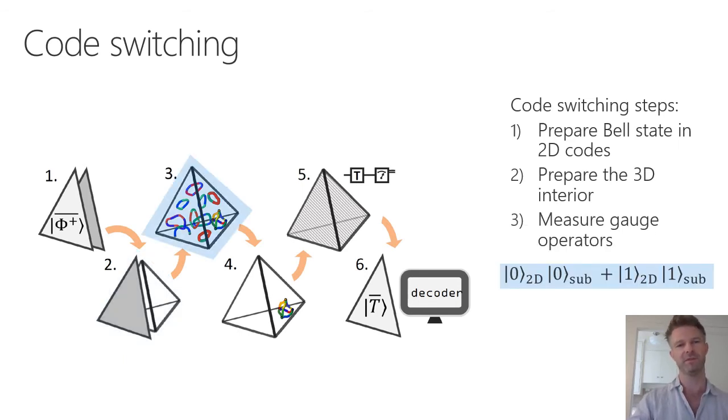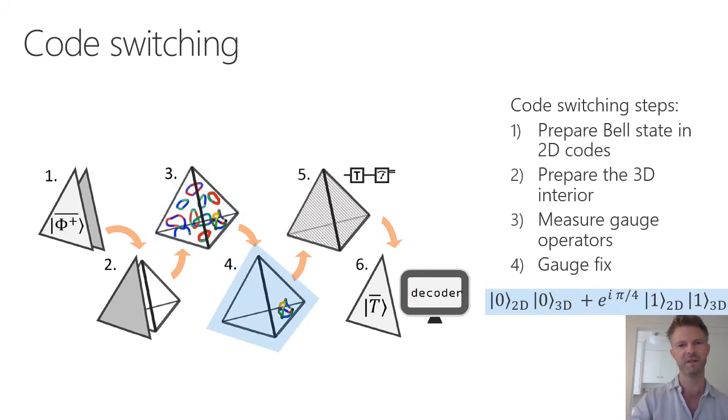Our goal is to transfer to the 3D stabilizer color code. So we need to measure those additional stabilizer operators and fix them. And of course that's going to be imperfect, so not all of them will be fixed, which is kind of represented by these residual loops here. After that, we're not exactly in the 3D stabilizer because of these errors.